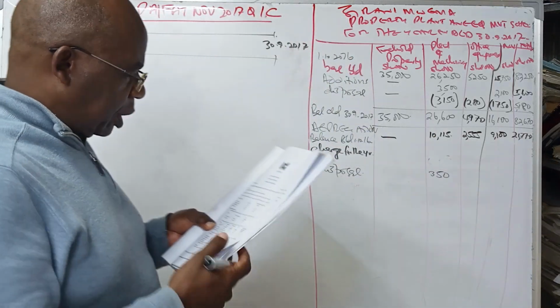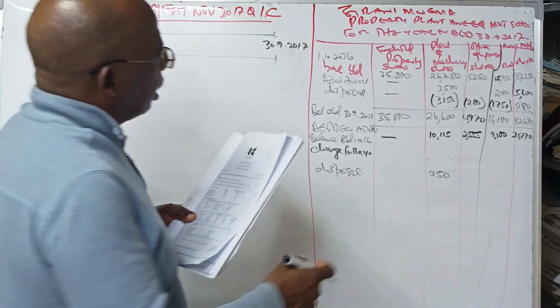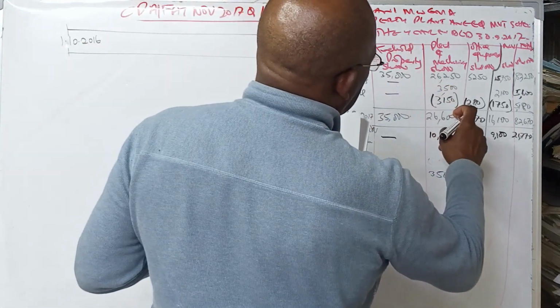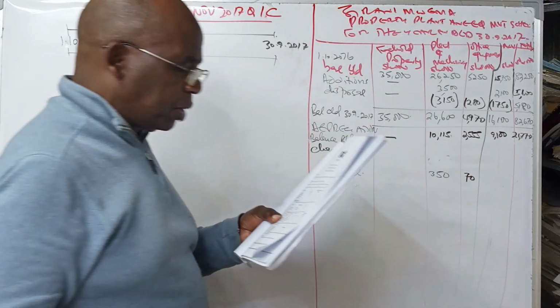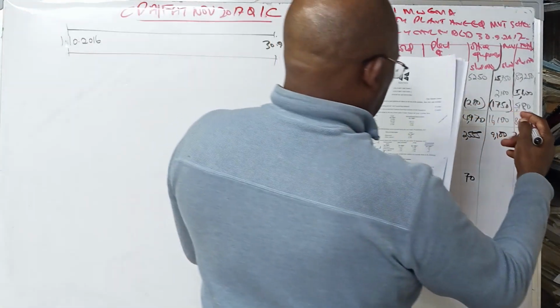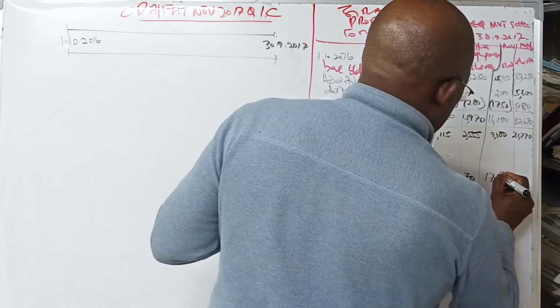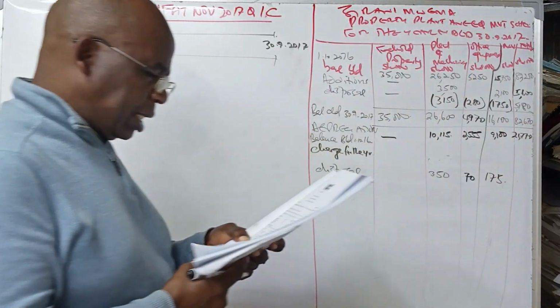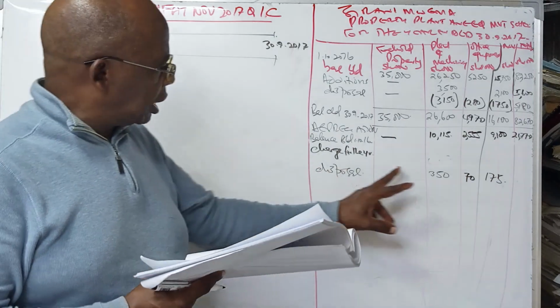I'm capturing the disposal because it's given. Office equipment at 70 had an accumulated depreciation of 70, and the motor vehicle had an accumulated depreciation of 175.